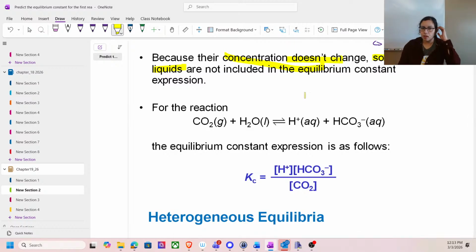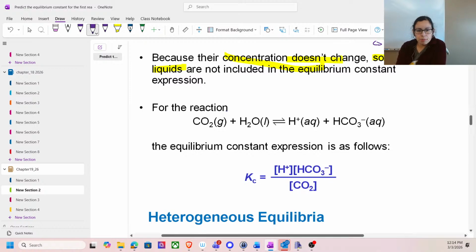This is also a good teaser for how equilibrium will come up again and again in acids and bases. This is our reaction to form carbonic acid. We have CO2 reacting with a bunch of water, just thinking about the ocean even, so obviously a very large quantity of water. The concentration is not going to change, so it's not included in our equilibrium expression.